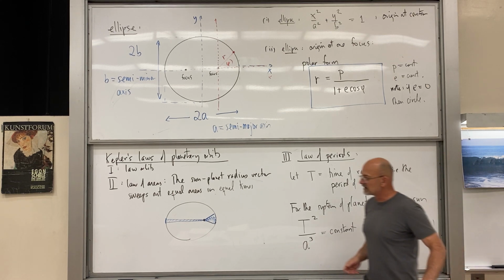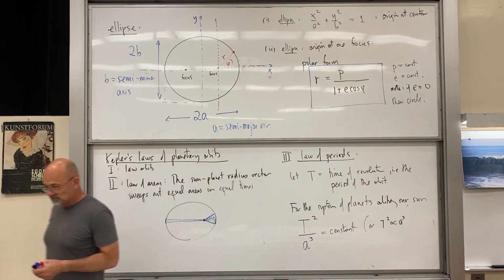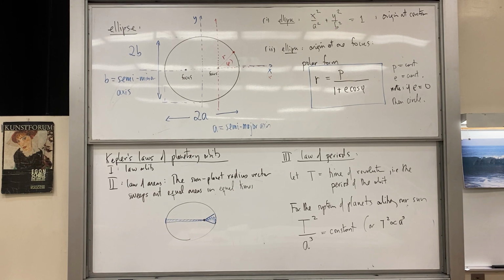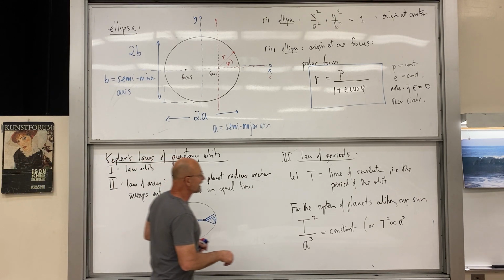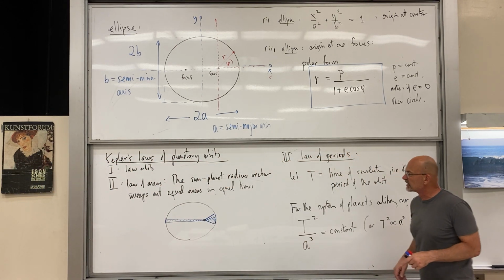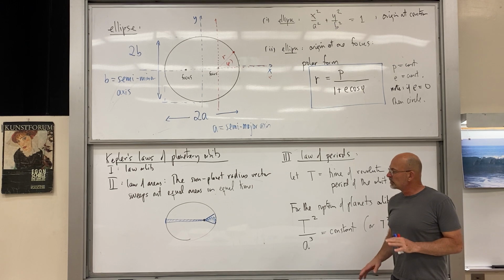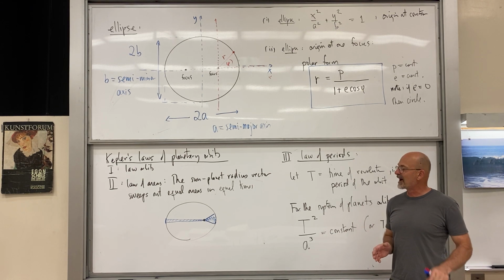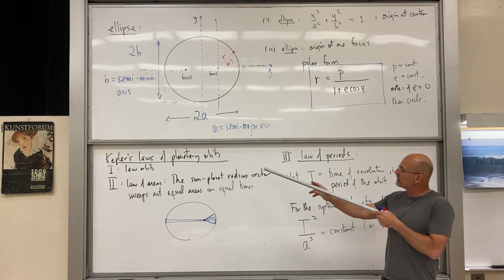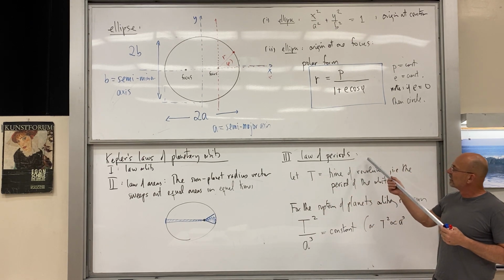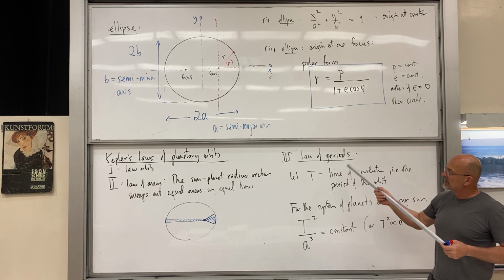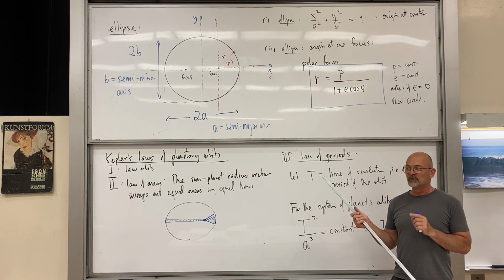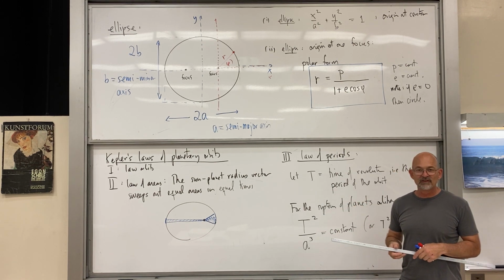Good. Let me consult the clock. Okay, so what I have next in mind is to run through the arguments that were available to Newton. So Isaac Newton used the knowledge of Kepler's laws to derive or to obtain somehow his law of gravity.